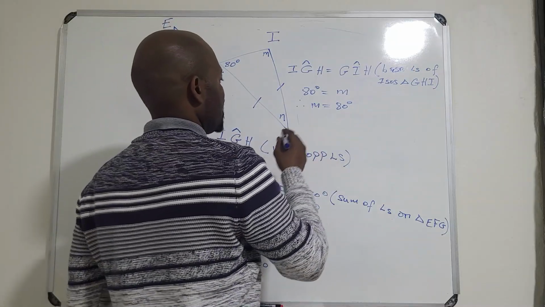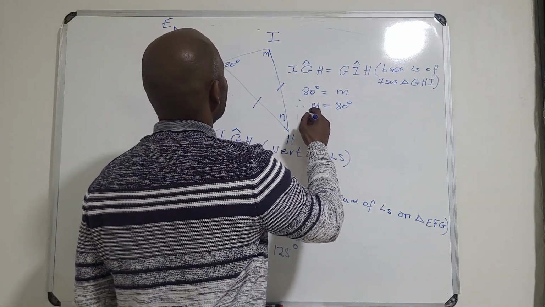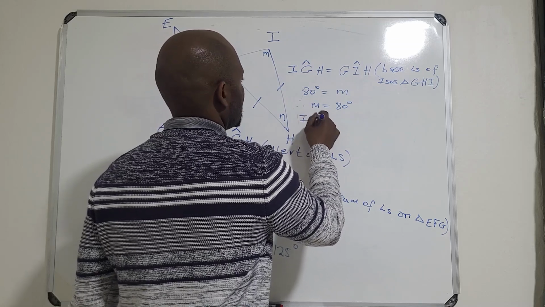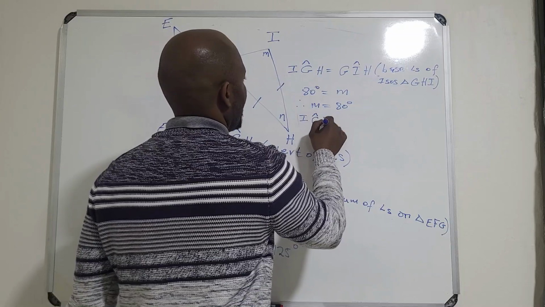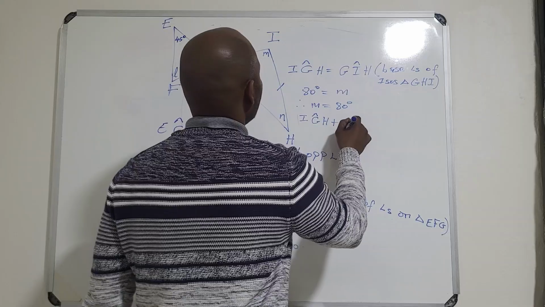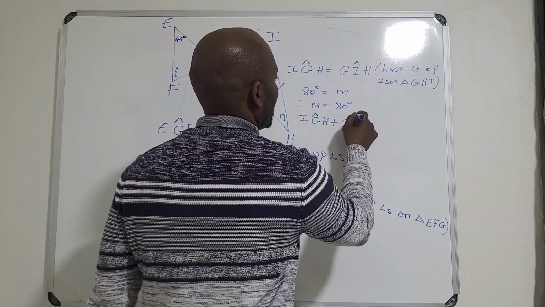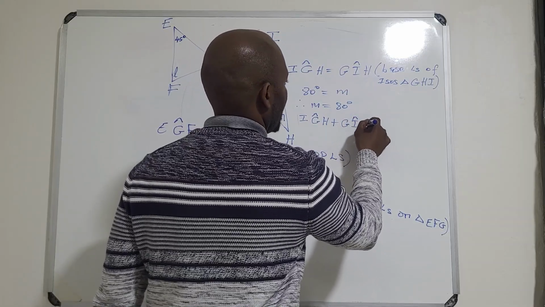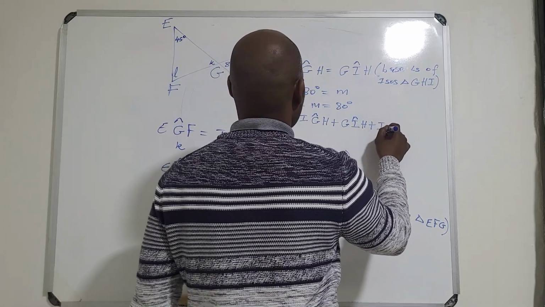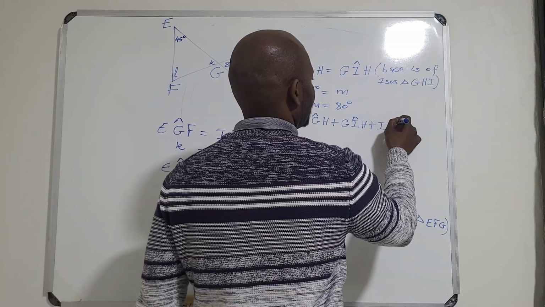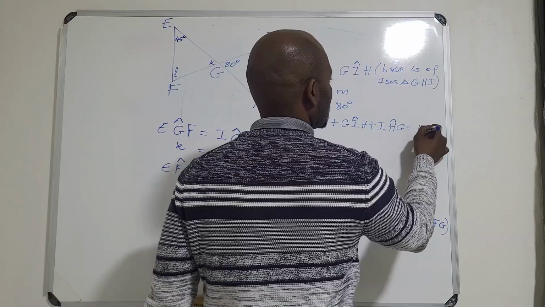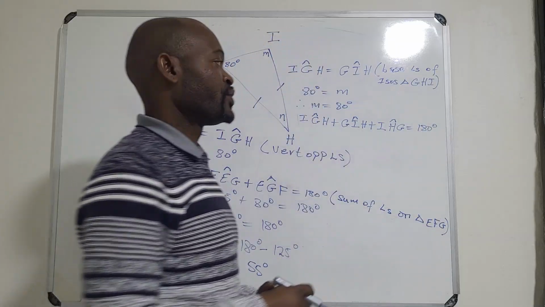Therefore, angle IGH plus angle GIH plus angle IHG is equal to 180 degrees.